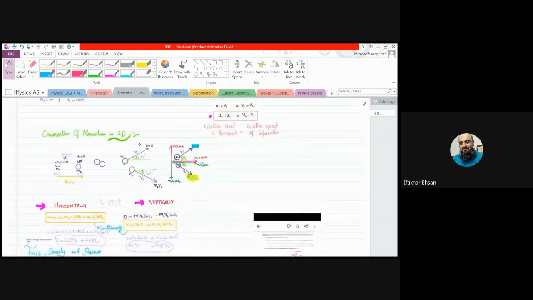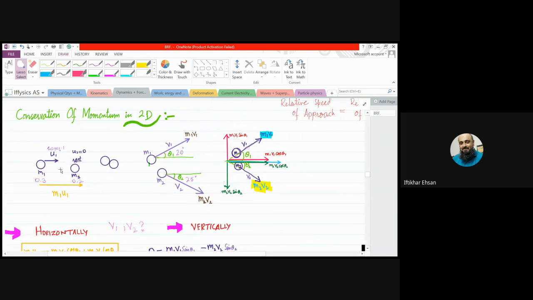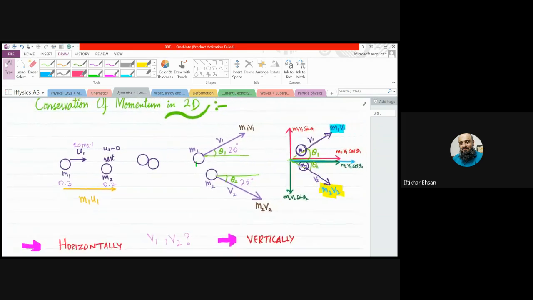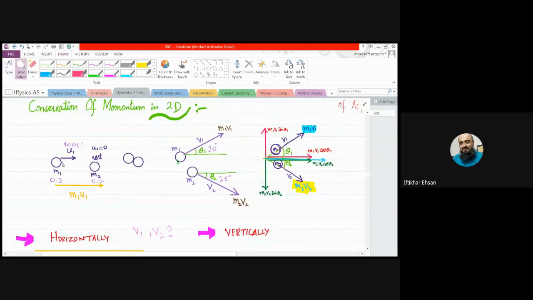What we usually observe in our daily life is that the objects go in different directions. So now when they move at angles, we are going to discuss conservation of momentum in two dimensions. First of all, we consider a mass m1 moving with a speed u1 towards the right, and there is a mass m2 which is at rest, meaning u2 is zero.